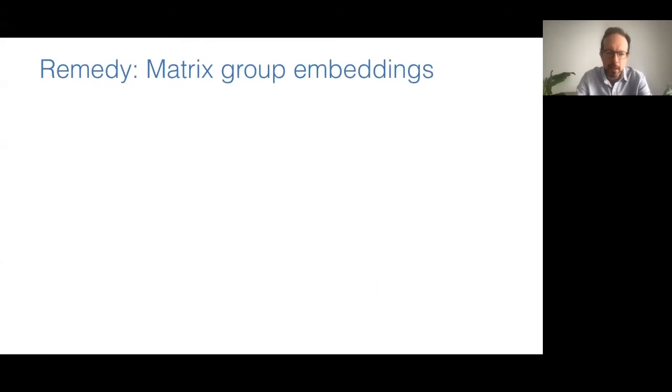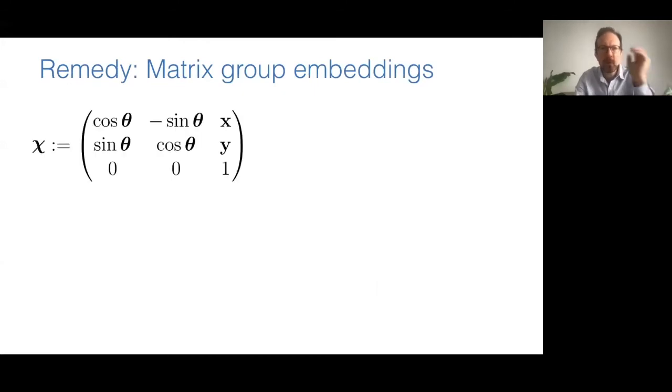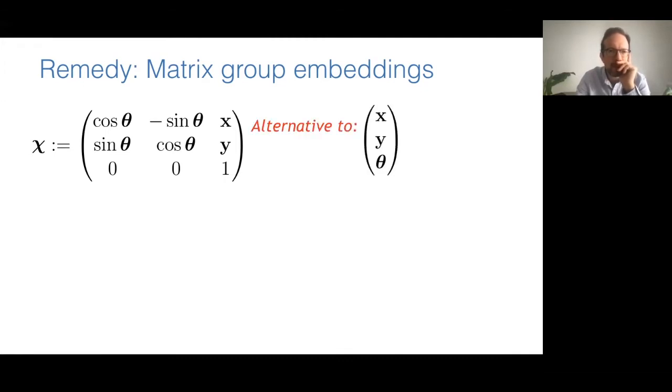So what we can do here is that we can use an embedding into matrices. The idea is to use this matrix chi as an equivalent state variable. You see that to any state variables x, y, theta, I can associate such a matrix and vice versa.